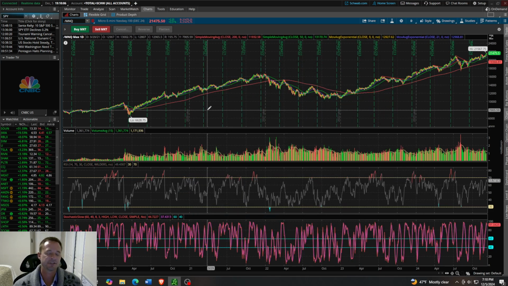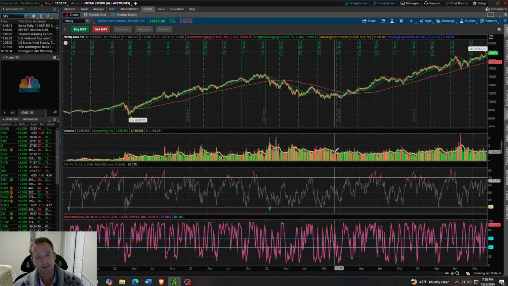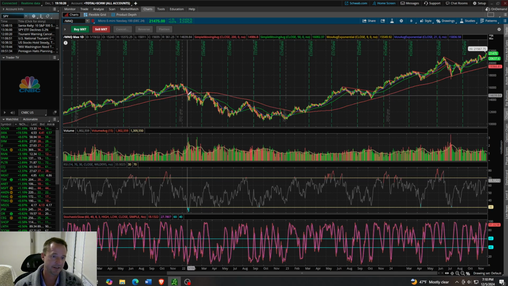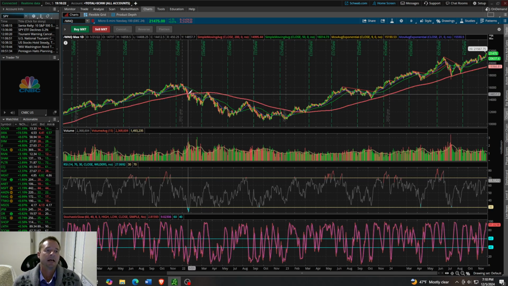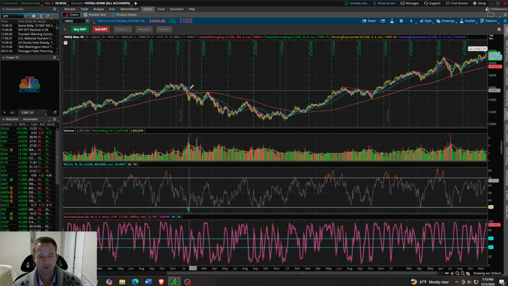Now we can see here on this chart how important the 200-day moving average is. It's unbelievably important. So back here we can see a close below the 200-day moving average. That is a point where you go, oh no, we're no longer going long, up for any meaningful amount of time.